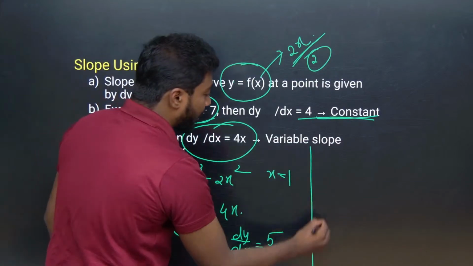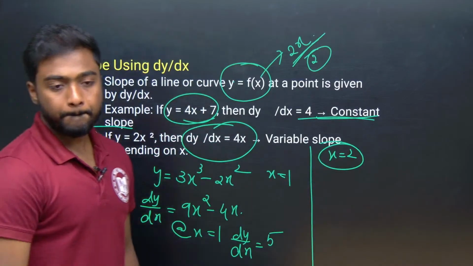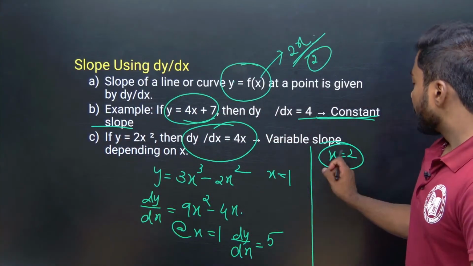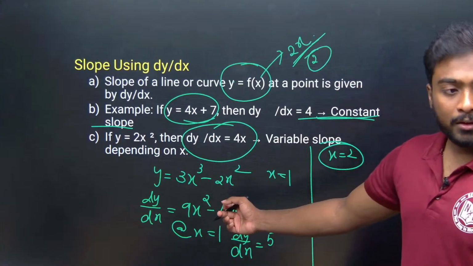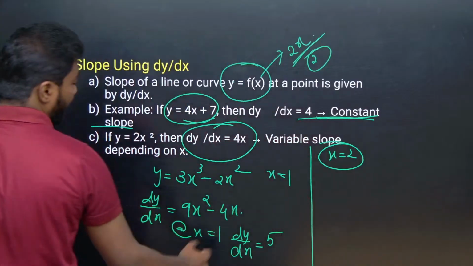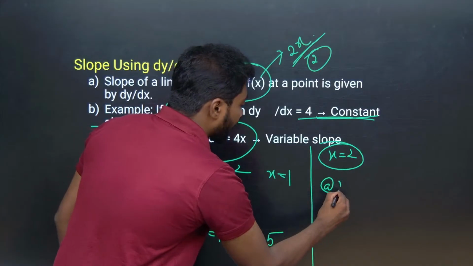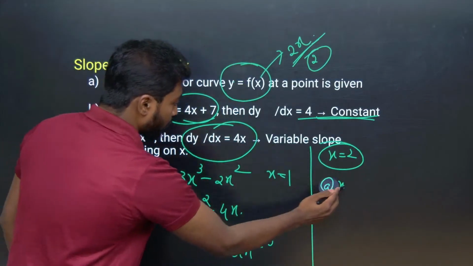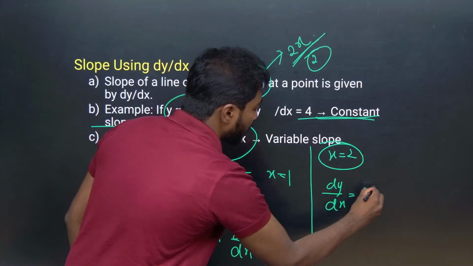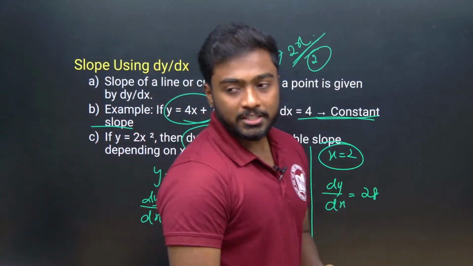For example, if I take x equals 2, 2 square is 4, 4 nines are 36, 36 minus 8, 28. So at x equals 2, dy by dx is equal to 28. This is my slope. So the slope keeps on changing.